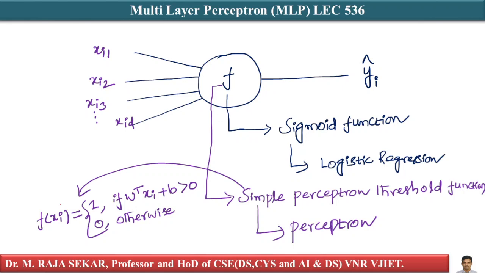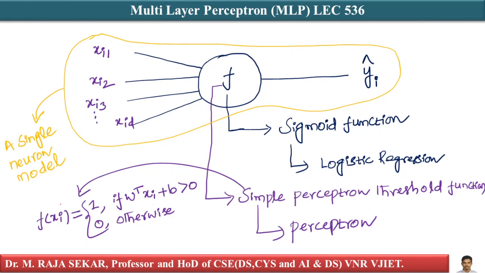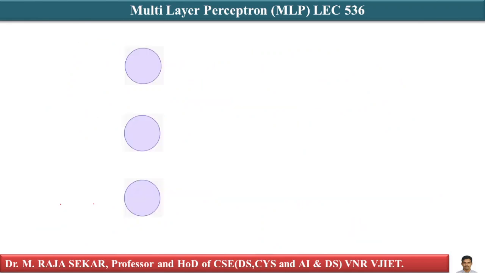People said, instead of a single neuron, what if I have connected neurons, or a network of neurons? Imagine xi1, xi2, xi3, xi4 are my inputs. What if, instead of a single neuron, I have multiple neurons here?